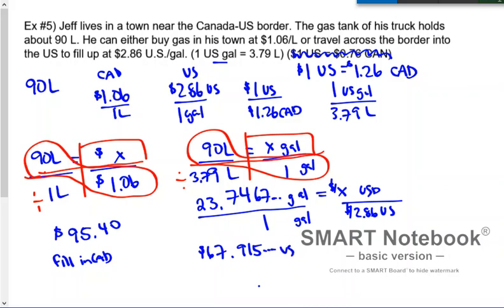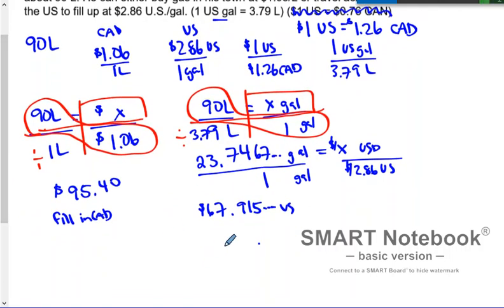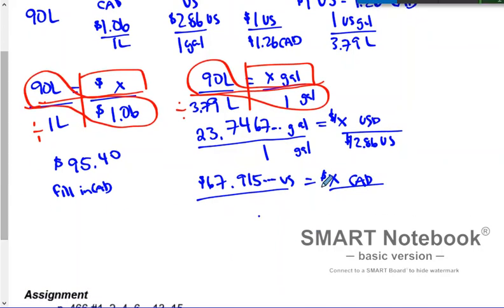All right, now that is going to be a little bit more in Canadian since we have this conversion here. So 1 US dollar is 1.26 Canadian dollars. So it is going to be a little bit more. So let's see how much more it is if it's 95.40, which is what it would cost in Canada. So this is how many US dollars we have. I want to know how many Canadian dollars that is, right? So you might remember this from last year in Workplace Math 10, having to do currency conversions.